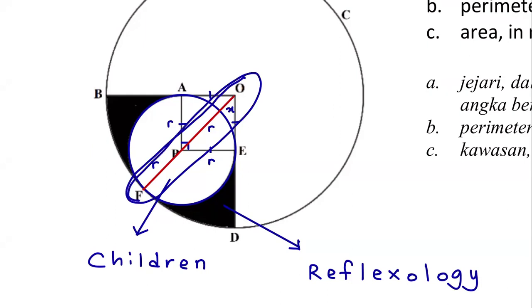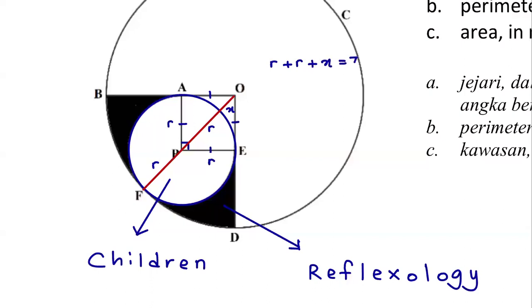What we understand is that this entire thing is a radius, right, guys? So from here, what I can understand is R plus R plus X is equal to 7. Faham tak? This whole thing is a radius, right? So 2R plus X is 7.